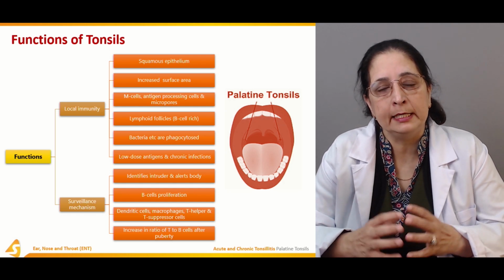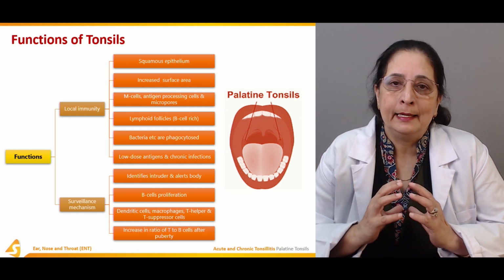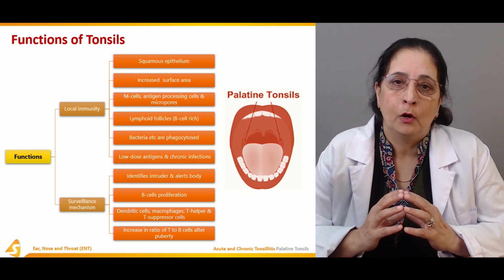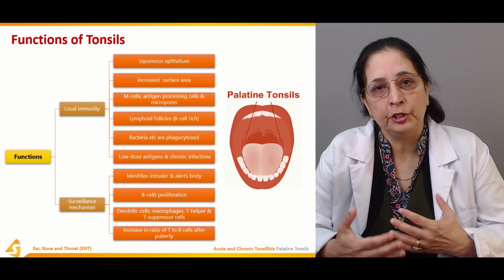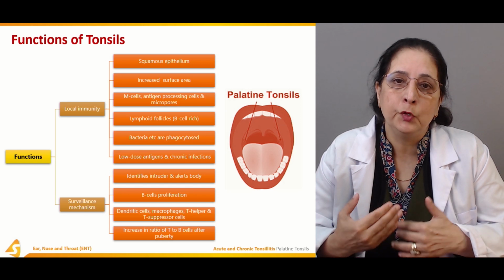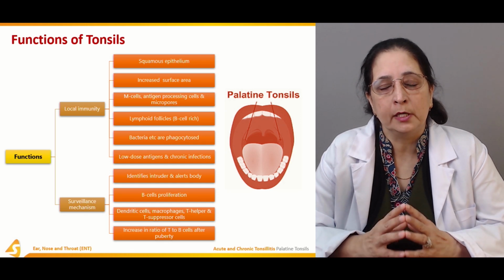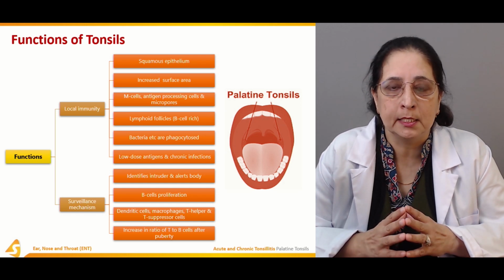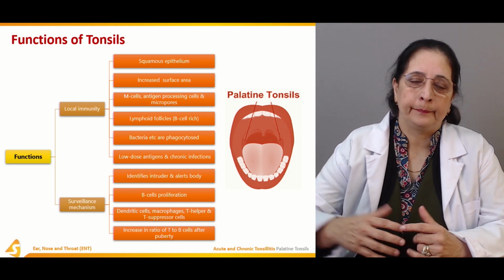Once a foreign object or microorganism enters, they alert the body that there is an intrusion by the foreign object or microorganism. It causes proliferation of B cells and then proliferation of the T helper and suppressor cells, and this causes an immune response against that foreign particle, which helps the body to fight against that microorganism or foreign particle, so as to prevent any infection or complication.